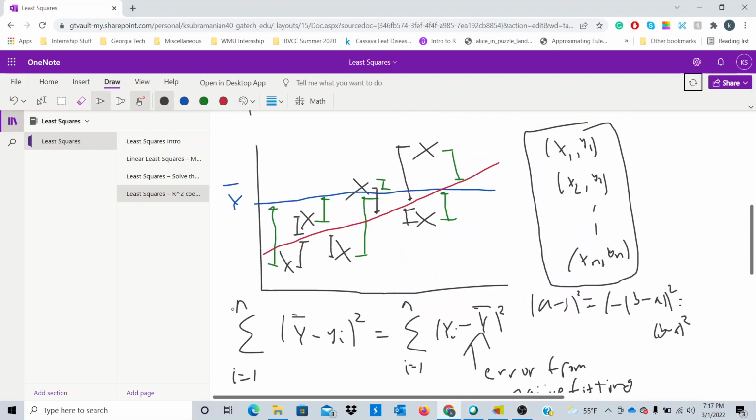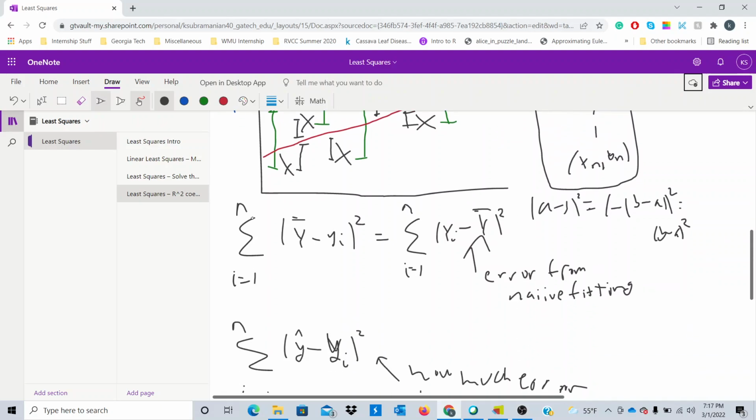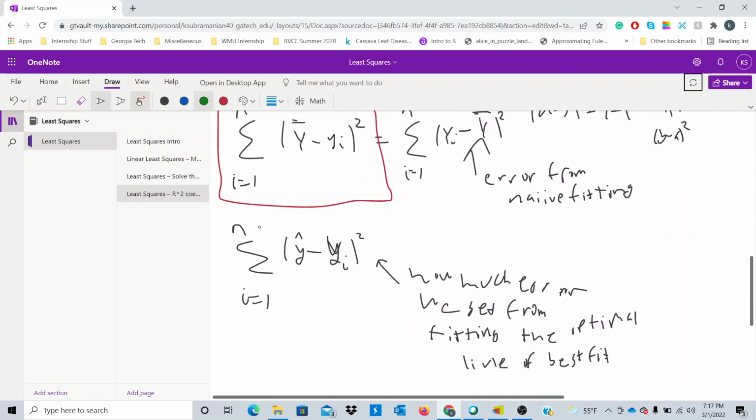So you might think that if we have a horizontal line, and the horizontal line is simply the mean value of the y's, and that's what we're predicting all the time, this error right here, boxed in red, is probably going to be bigger than the error we get from fitting the optimal line. That kind of makes sense intuitively. So let's let this red box expression be E sub y bar. This is essentially the naive error.